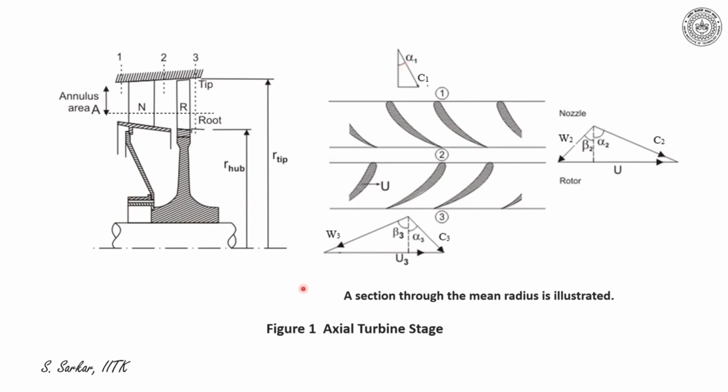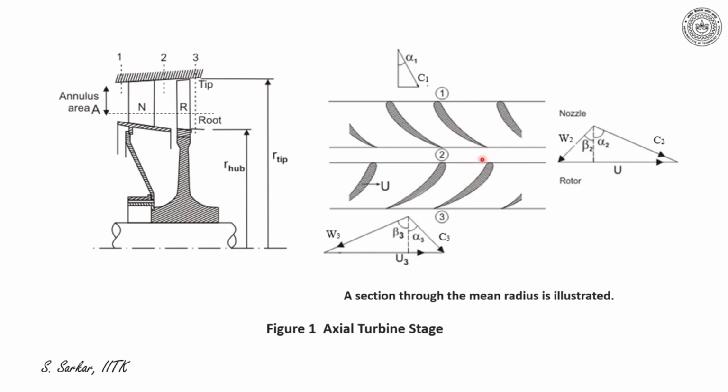X-axis is the axial direction and theta is the tangential direction. Now, C1, the inlet flow to the nozzle, will be accelerated as the flow passes through the nozzle.